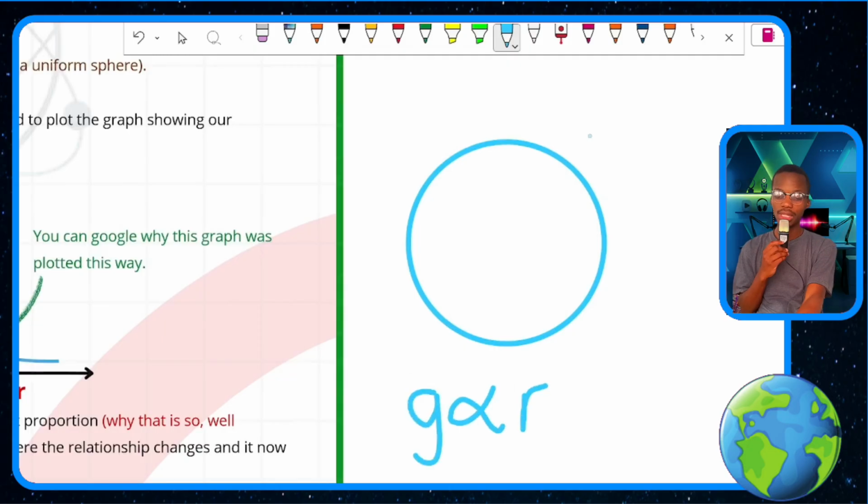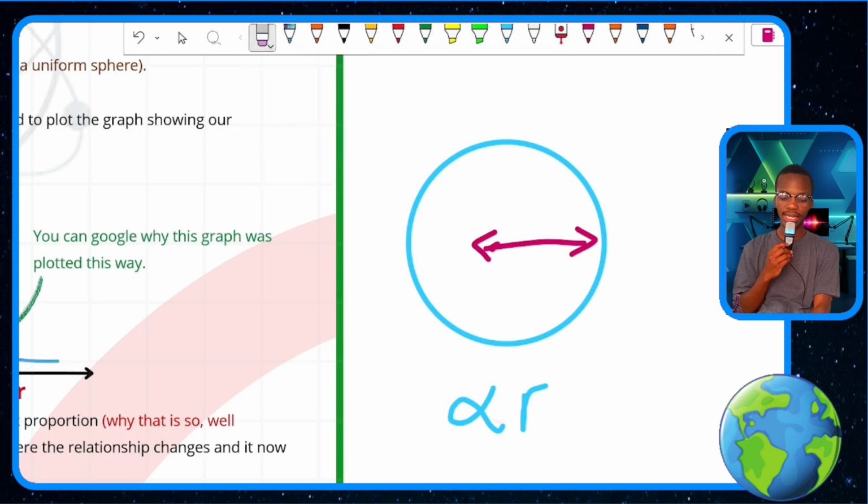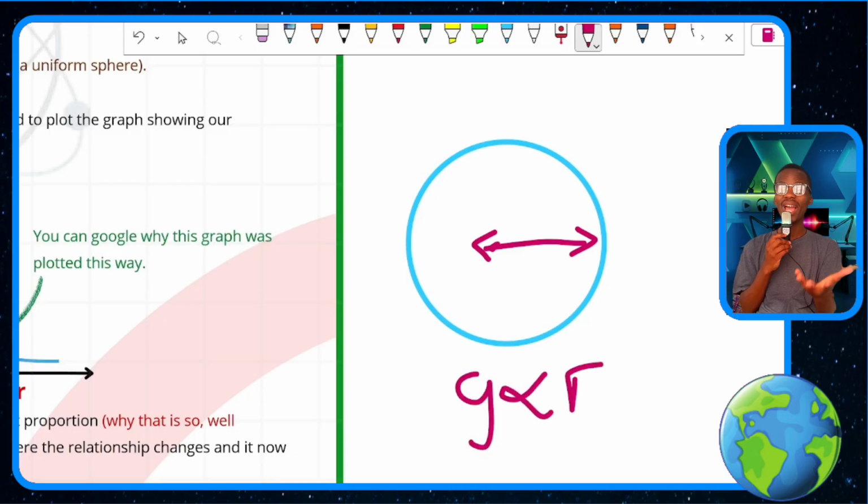This is true when we start from the center and we want to move outwards to the surface. So this is the region where g is directly proportional to r. Why is this true?